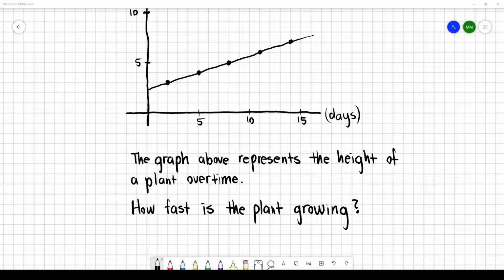And when you have an answer, just type it into the chat. So that's the key. How fast?